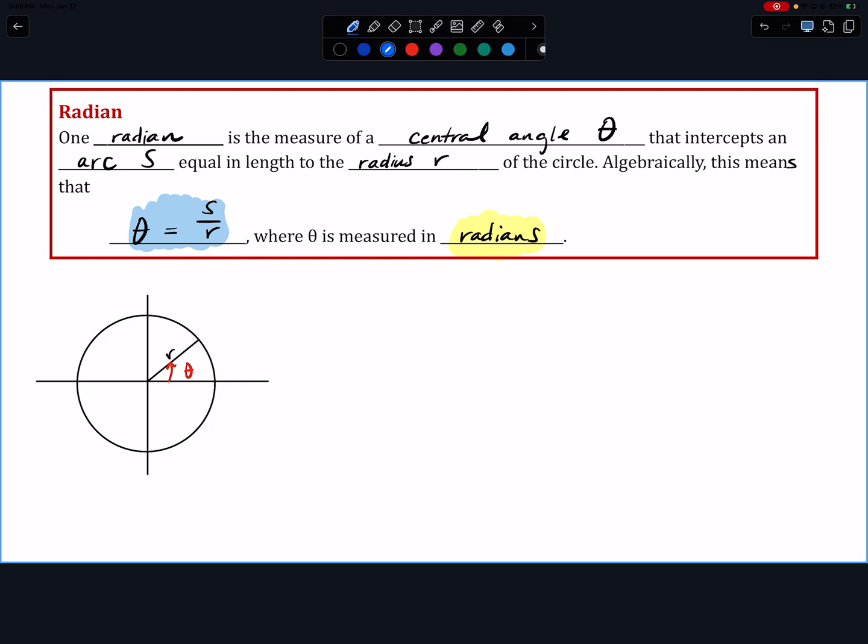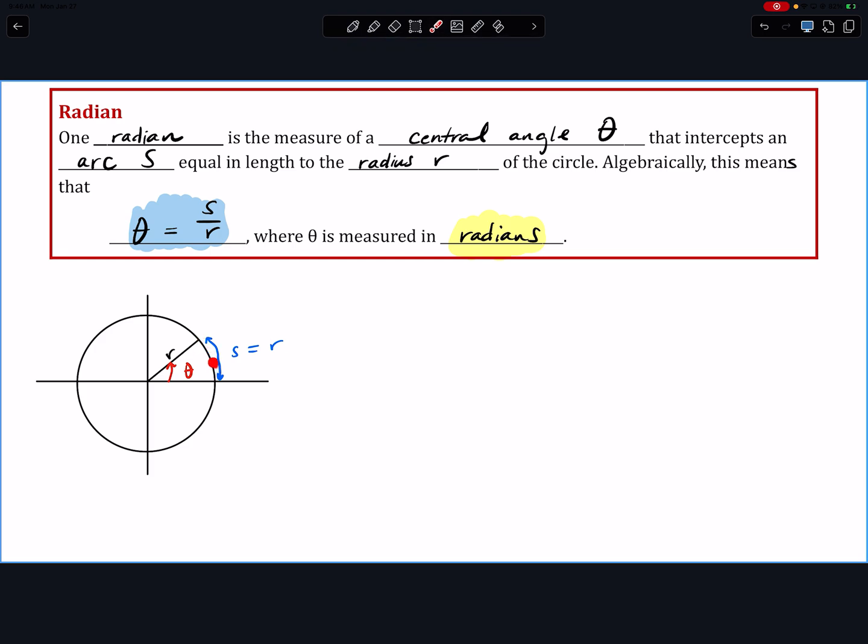So this little arc is whatever s is, and it's the same thing as little r. That's what this is trying to tell you. Okay? And then conveniently, whatever this measure is is also theta. Okay, so how does this help us?